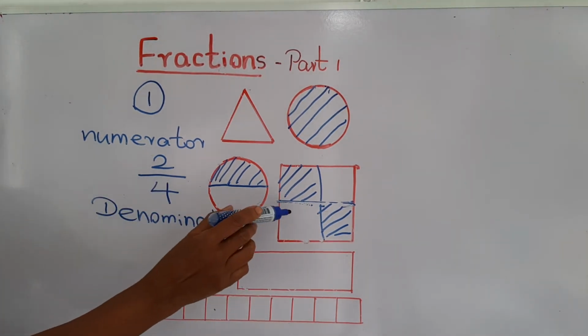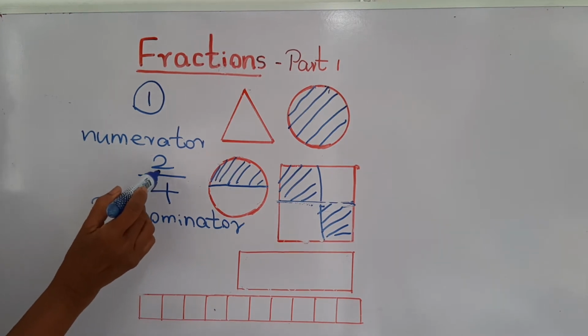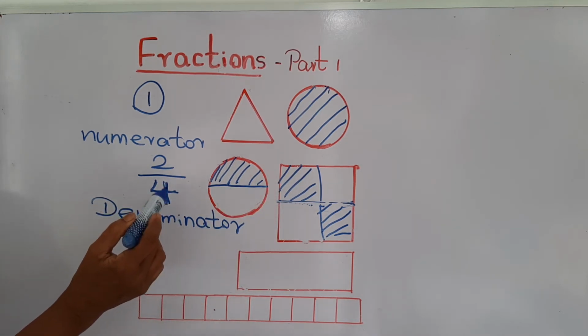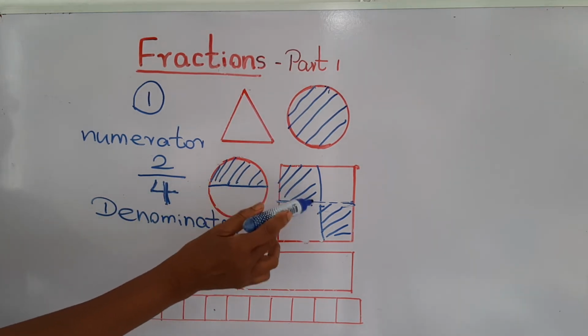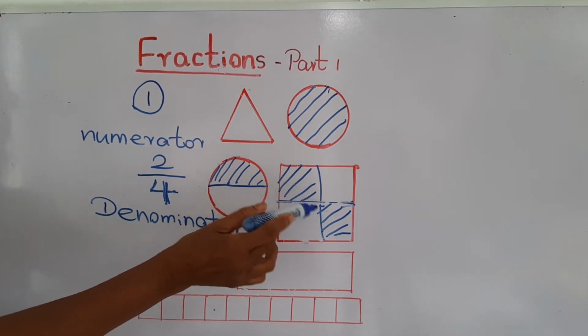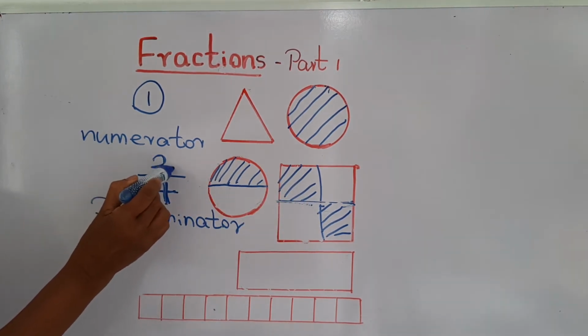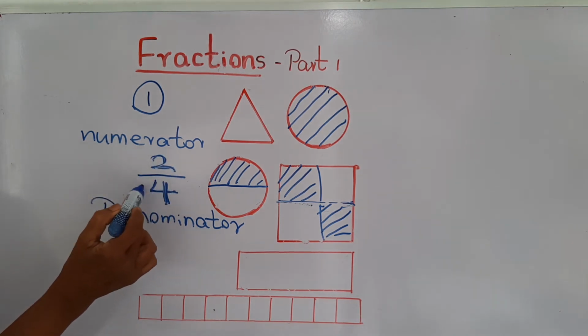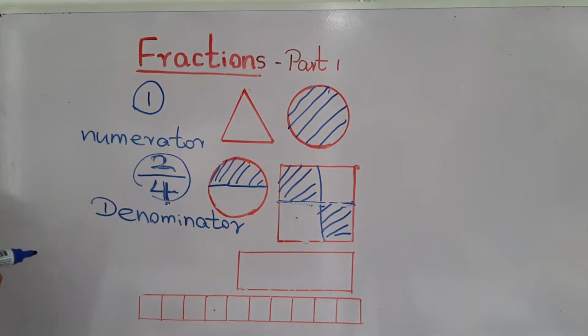Then the number of parts that I have divided, I wrote under the line. That is the denominator. What is the denominator here? Number 4. What are the parts that I have shaded or colored? 2 parts. I wrote it above the line. We call this the numerator. This is the fraction of this figure.